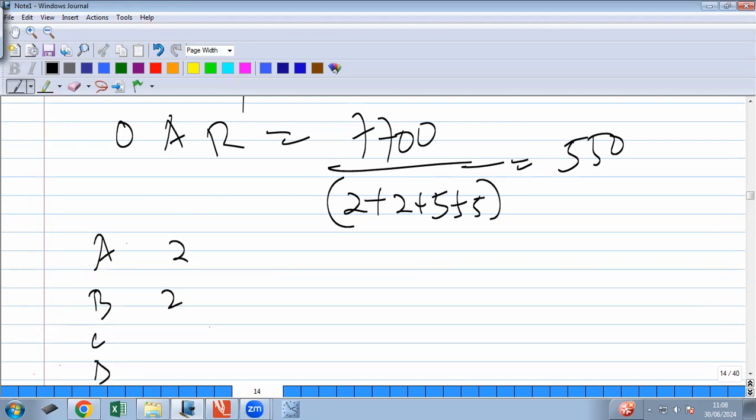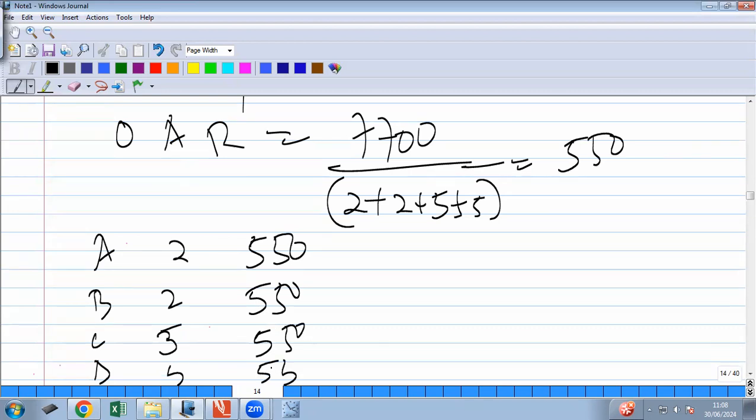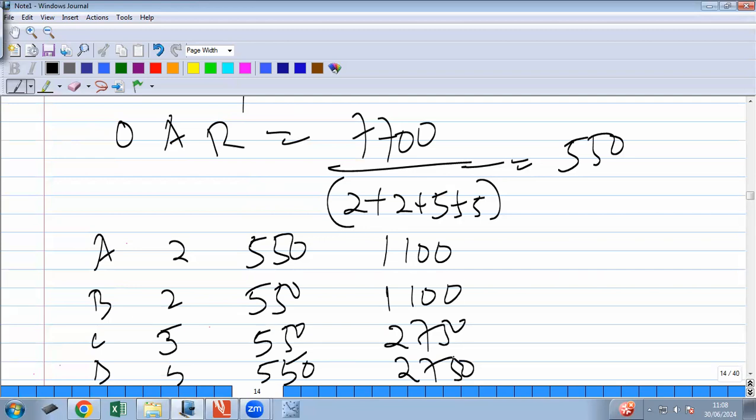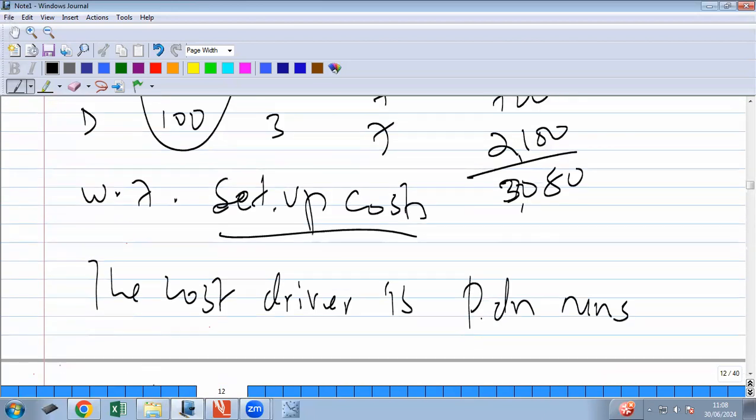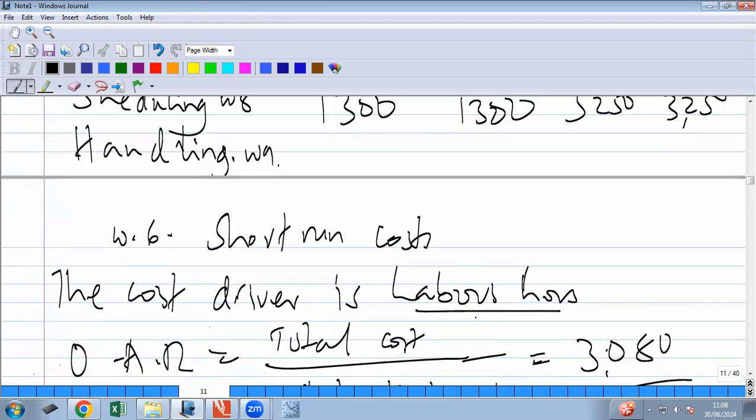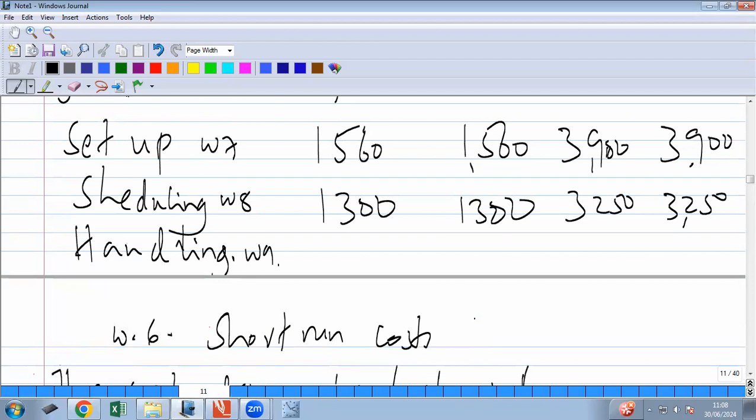So we can now allocate to product A, B, C, and D. 2, 2, 5, 5. This is 550, 550, 550, and 550. And what will be the cost? 1,100, 1,100. Then 5 times 550 is 2,750, 2,750. Okay, I can transfer here.